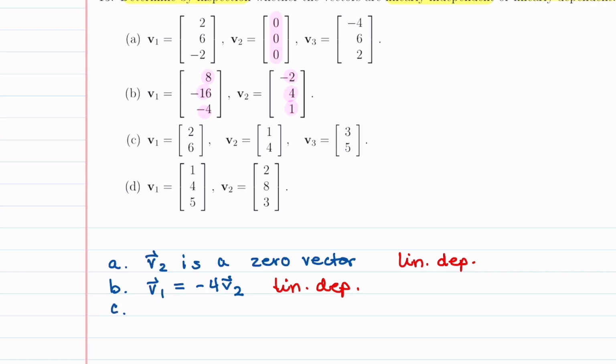Let's now look at part C. At part C, I want you to notice that we have 3 vectors and each vector has only 2 entries. So I'm going to write this down as more vectors than entries in each vector.